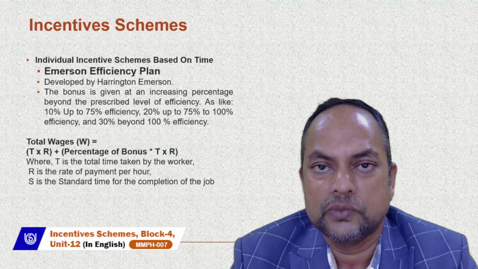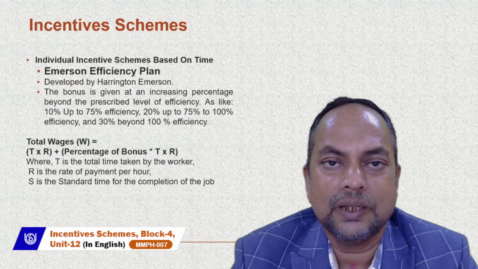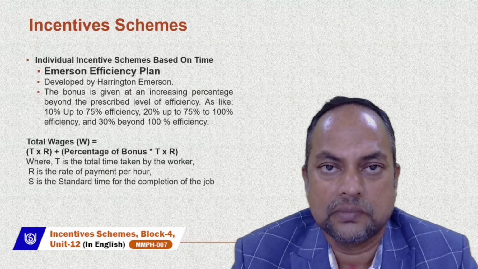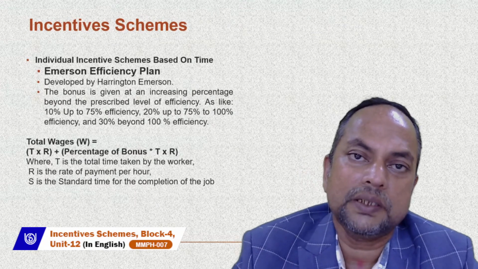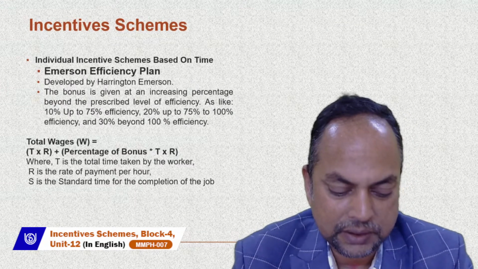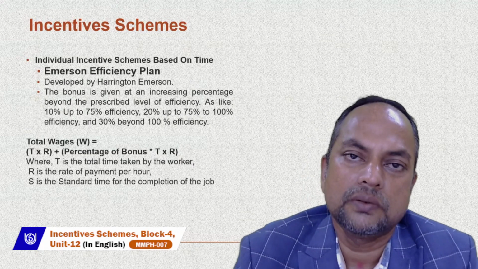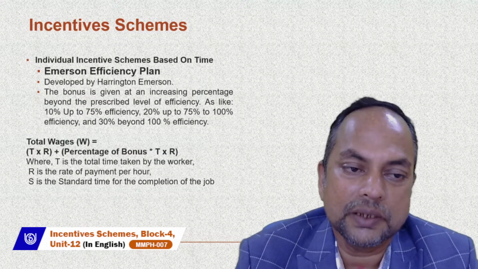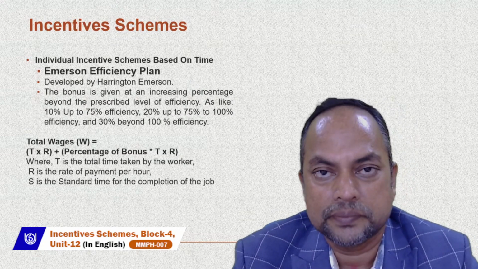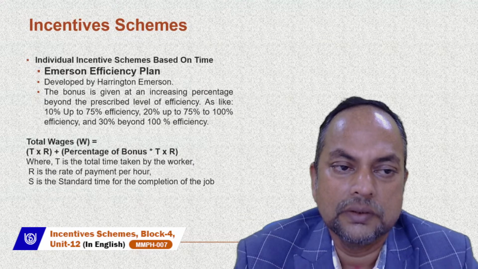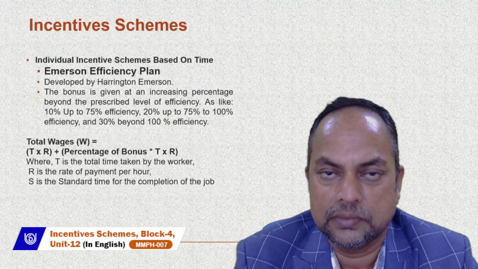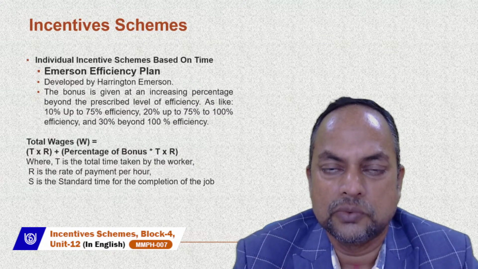But someone who has not saved time, yet up to a particular time frame is completing the job, in that case also certain incentives are to be administered. So he defined three categories of incentives for the workers.